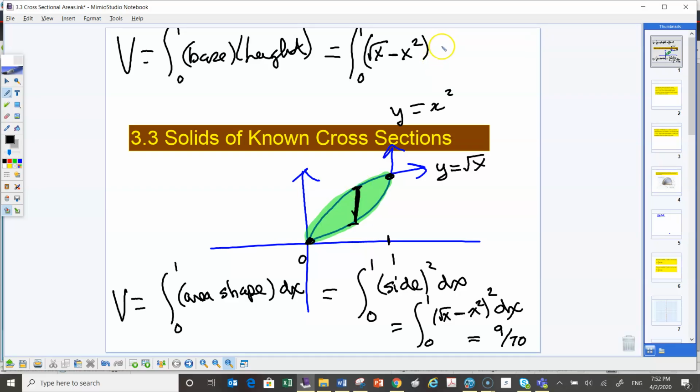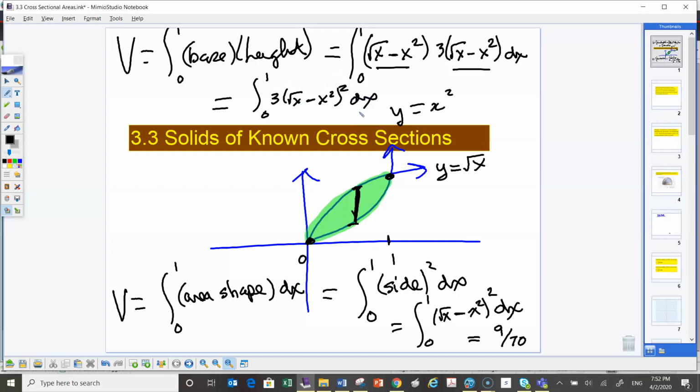So the height is going to be 3 times the length of the base. Therefore, if I multiply these two things together, my integrand would be 0 to 1 of 3 times root x minus x squared all squared dx, and you would integrate that to get your volume.